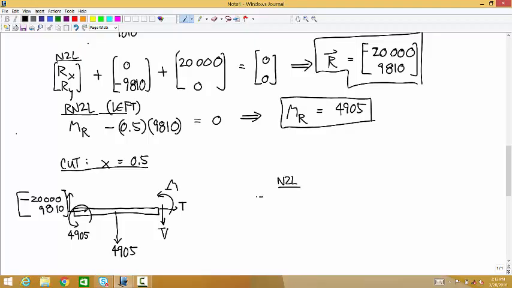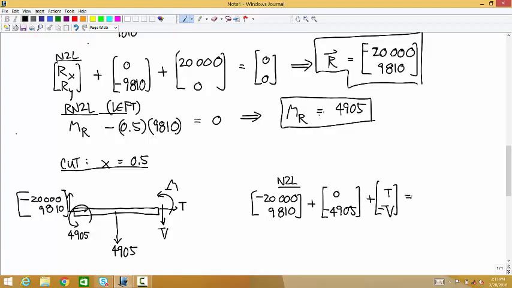So Newton's second law says negative 20,000, positive 9810, plus 0, negative 4905, plus T, negative V is equal to 0. So T is equal to 20,000, and V is equal to positive 4905.